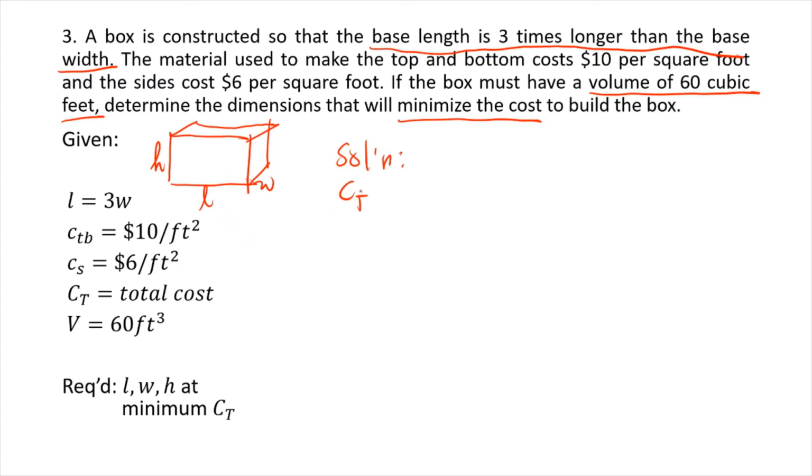So to find the total cost, we have to multiply the cost for building the top and the bottom and the area of the top and the bottom, add this to the cost of the sides times the area of the sides. So this is now our working equation for the total cost.